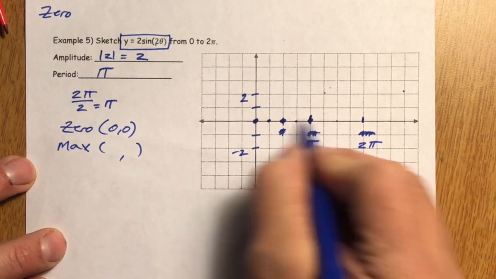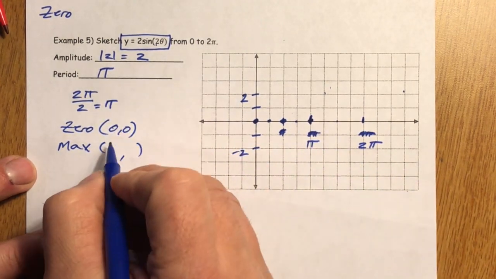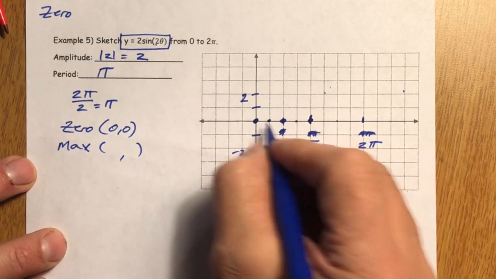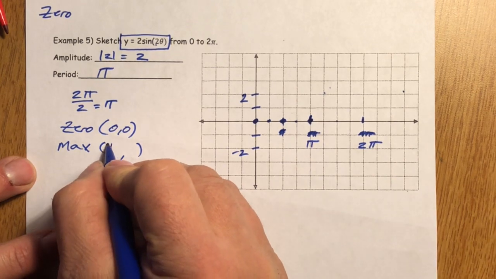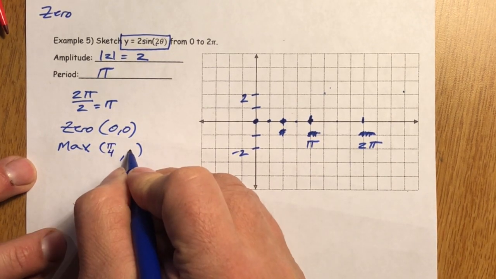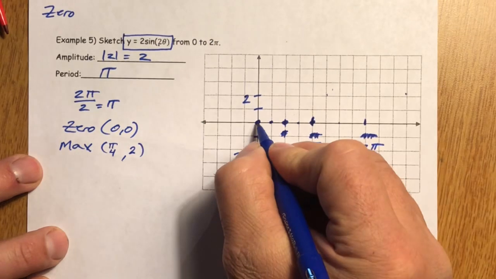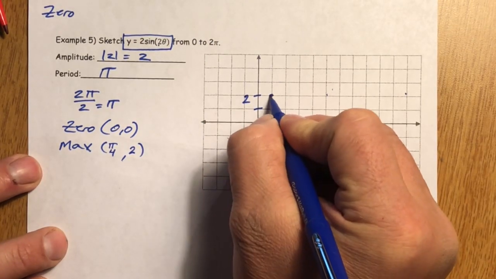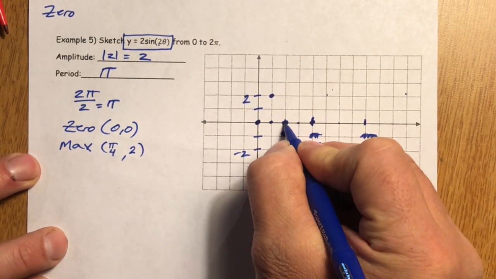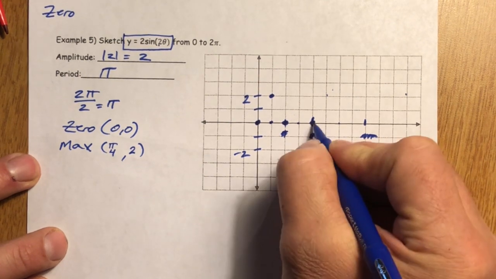All right? Okay, so watch why I did that. Because at first, the maximum is going to be pi over 4, and we're going to go up to 2. So I go here, up to here, 0, down to 2, and then there.